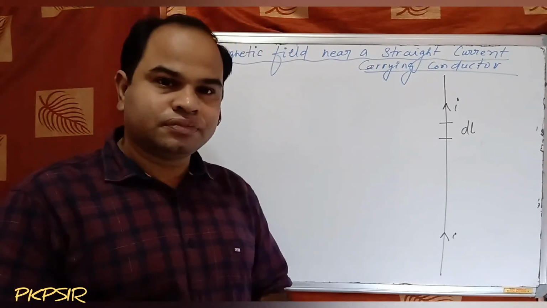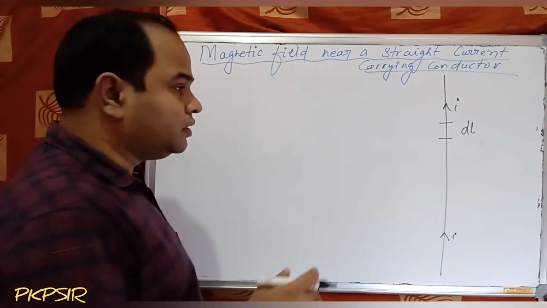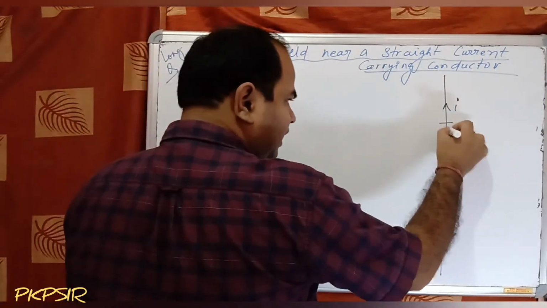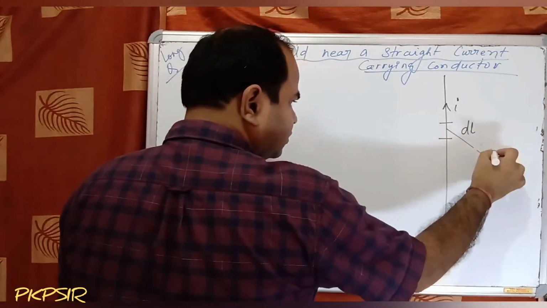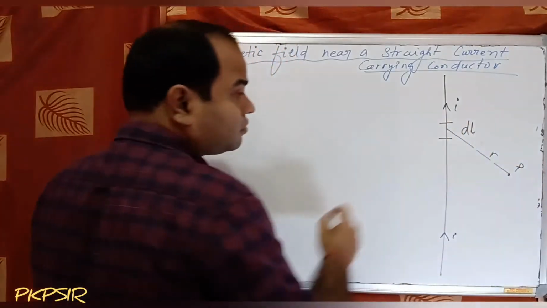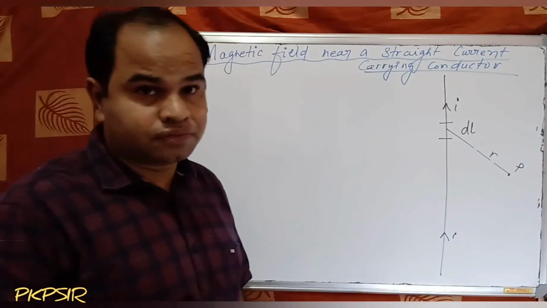Again, let us consider a point P, which is r distance from the small length dl.